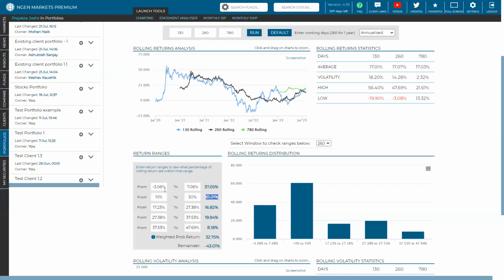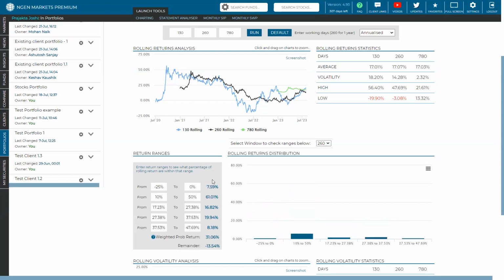So let's say you want to check in the negative quadrant, what percentage of the times the portfolio generates negative returns. So let's consider a hypothetical low of, let's say, negative 25 to 0%. You can just go on creating a series and you can actually check what is the probability that this particular portfolio will backtest in this negative quadrant.